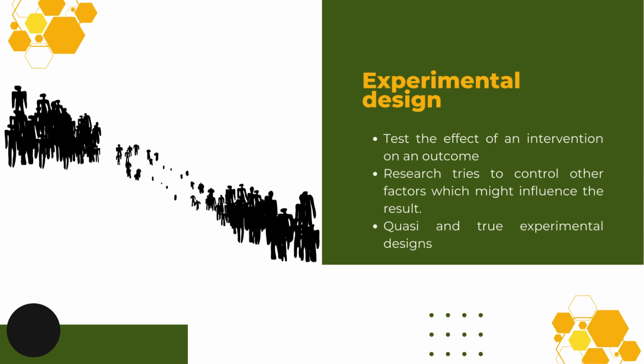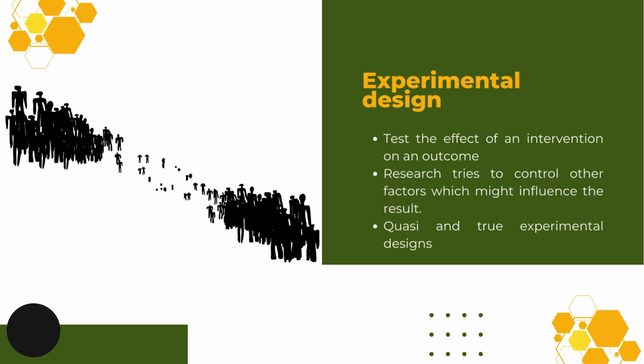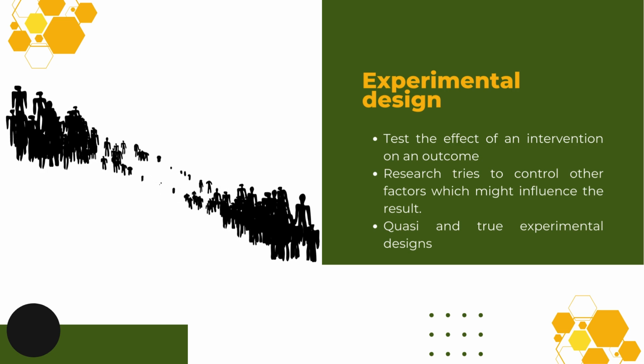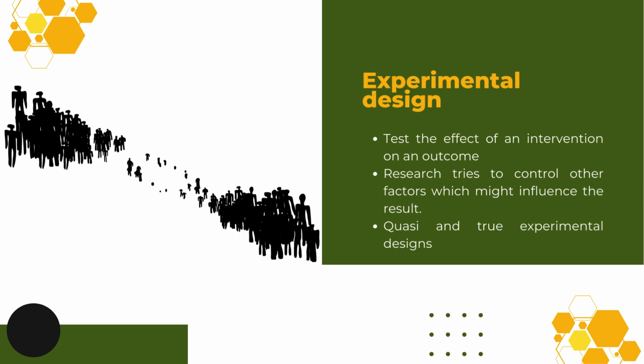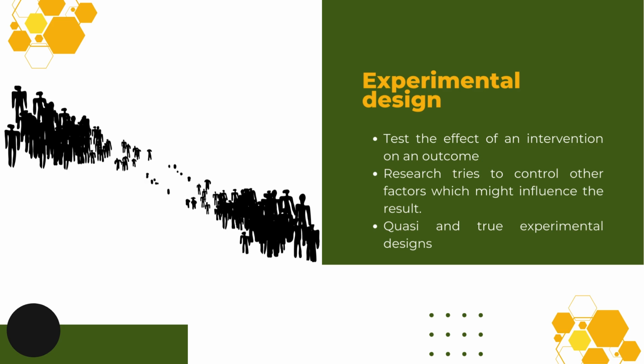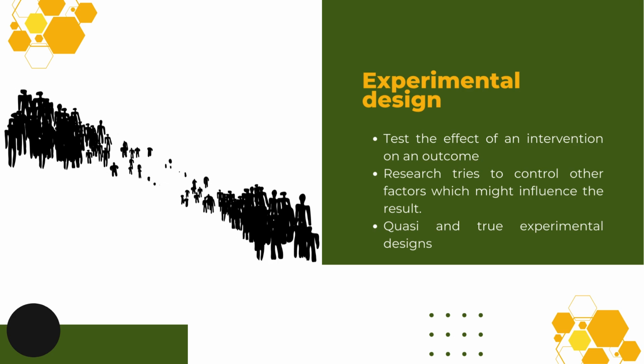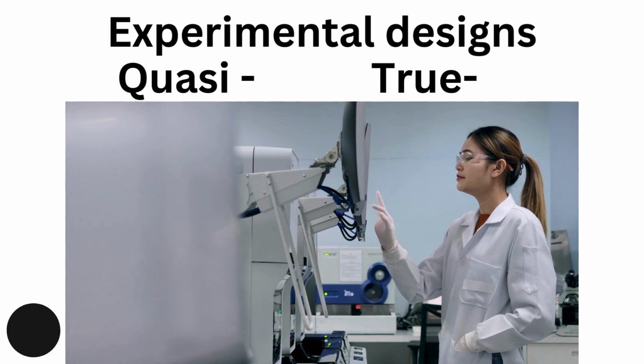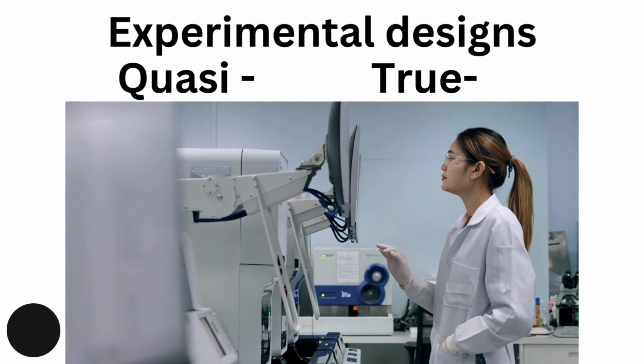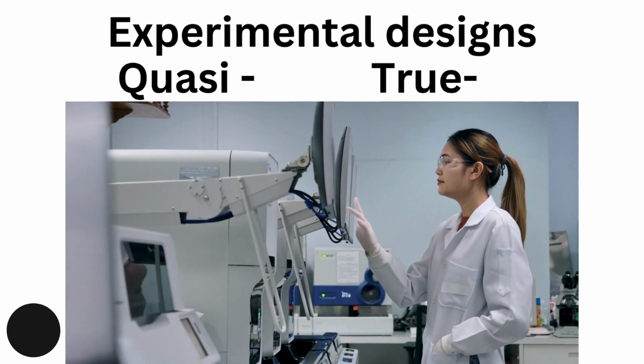the result. And there are two types of experimental designs that are mentioned for you to look into, as in quasi-experimental designs as well as a true experimental design. Now, these two are embedded in your textbook as well.